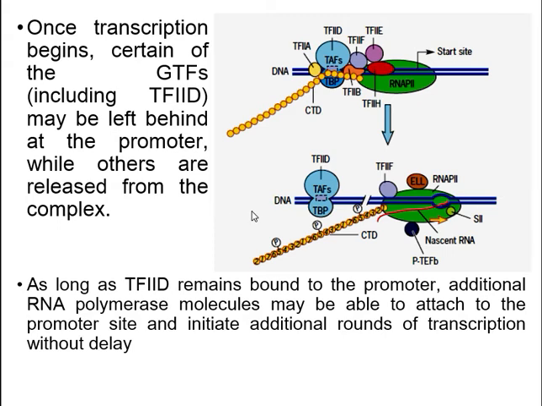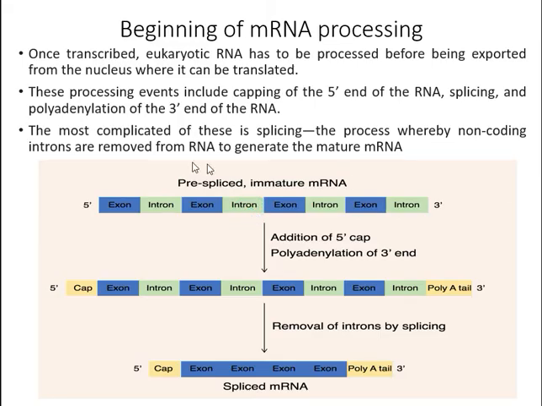Now, we have to go to elongation, but before that we will just mention mRNA processing. Suppose this process is over and you are getting an mRNA, the immature mRNA. This has to undergo processing before it goes for translation. There are 3 steps.